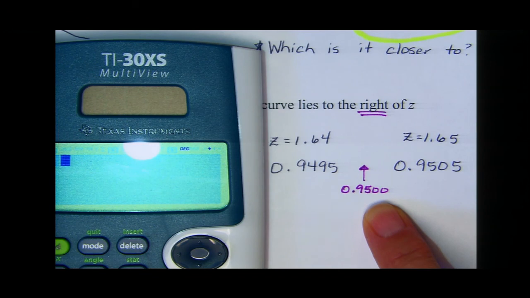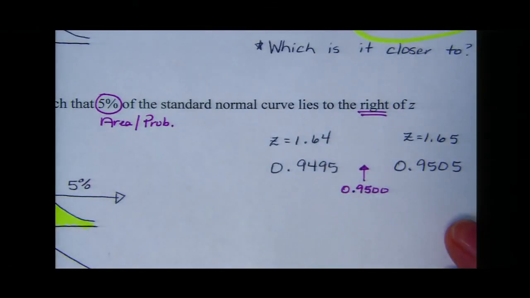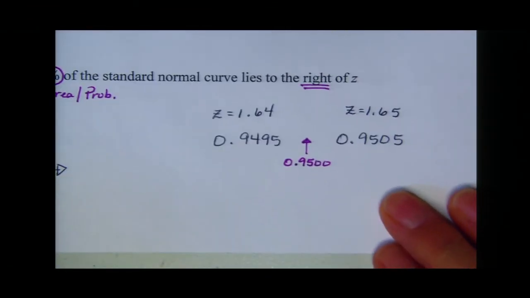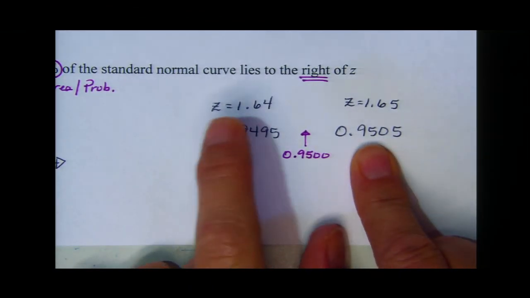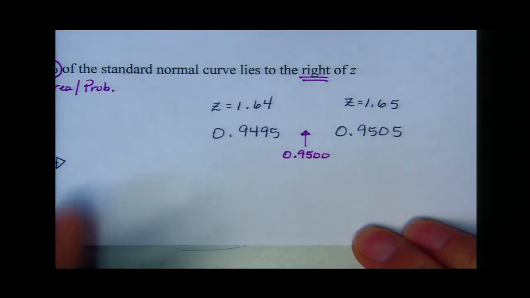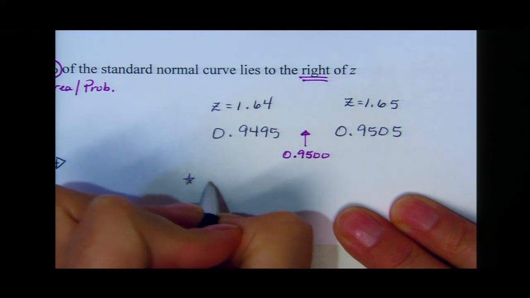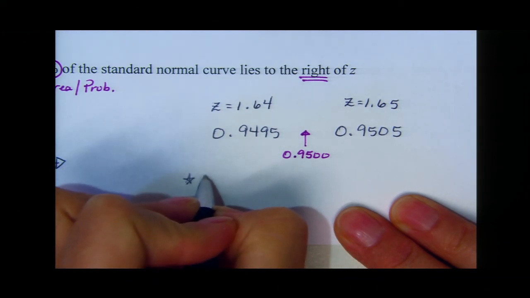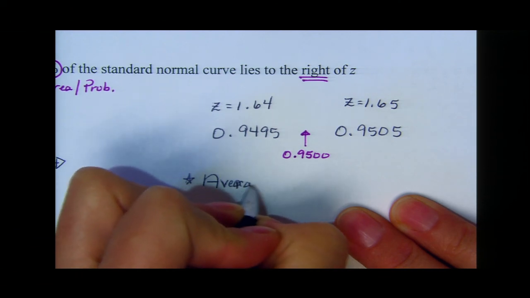Then I'm going to do 0.9500 minus 0.9495. It's 0.0005 again. All right, so this is one of those unusual cases where it is smack dab in between. It's not closer to this one or this one. So when it's smack dab in the middle, what you do is you take the two z-values and you average them. Whoops, got to be able to spell average.